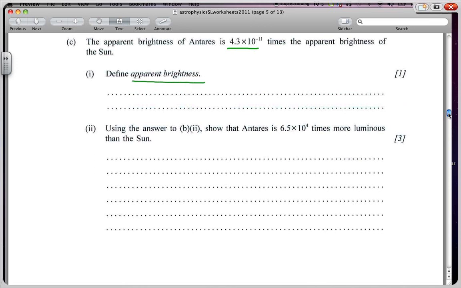Well, now you need to know your formula. So this is the power received per 1 meter squared, power received on the Earth.